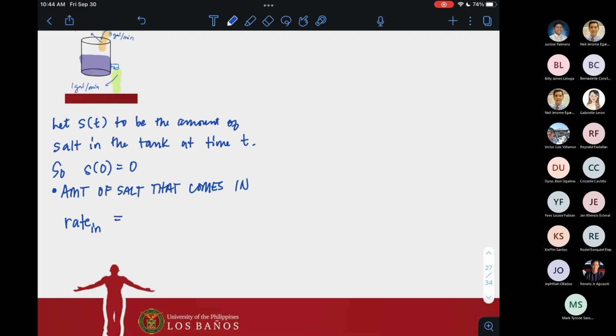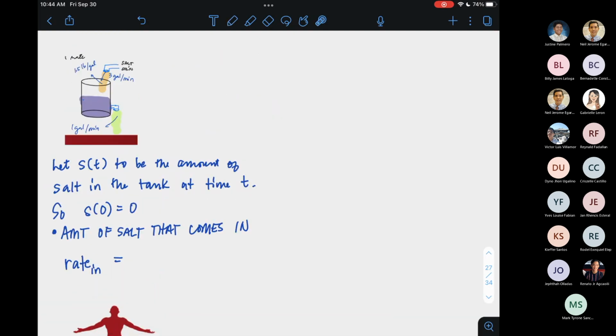Well, saan ba tayo nagkakaroon ng salt? Nagkakaroon lang tayo ng salt dahil dun sa pagpump nung salt solution. So that means we are pumping liquid or the solution at a rate of 3 gallons per minute. Pero ang laman na salt lamang noong solution na yon ay 1.5 pounds per gallon.